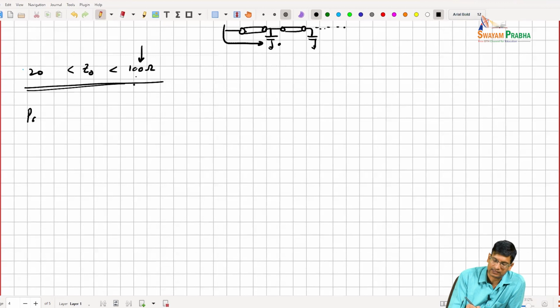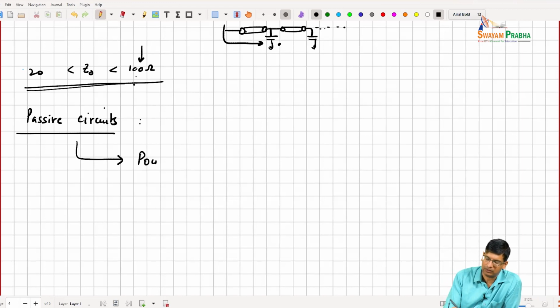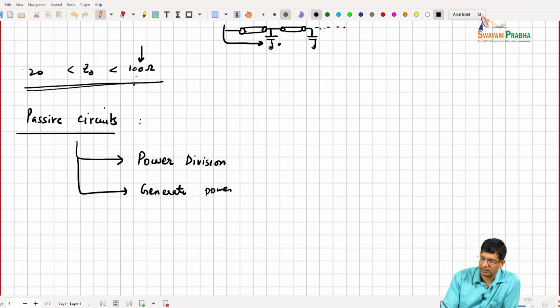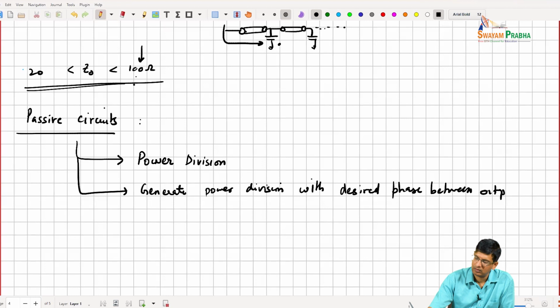What kind of circuits can be built? What kind of useful passive circuits can be built? So we'll just talk a little bit about passive circuits that accomplish some useful operations for us, right? One typical application that we use them for is power division, and another is to generate power division with a desired phase between outputs, right?